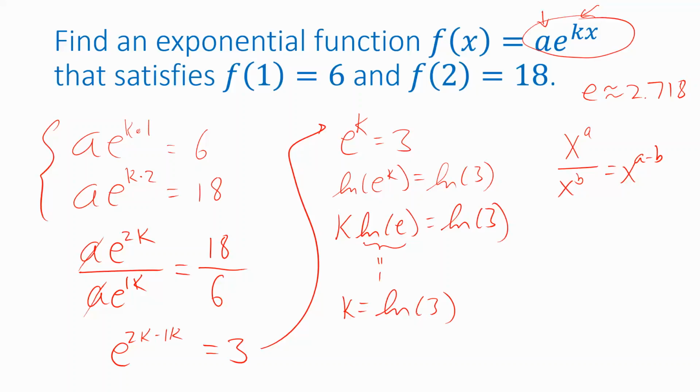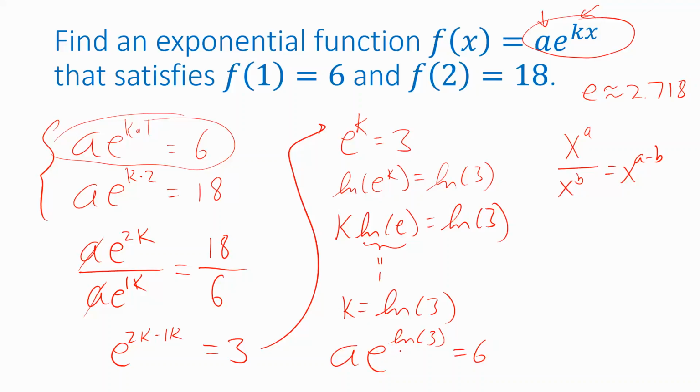I can plug that back in to one of the equations to find a. Let's use the first of these equations because it looks simpler with that smaller power. a times e to the k, but k is natural log of 3, times 1, let's not write times 1 now, equals 6. Now what's nice here is e raised to the natural log of something.